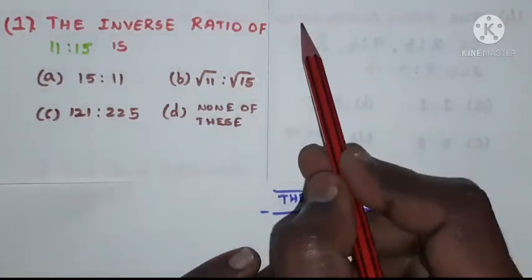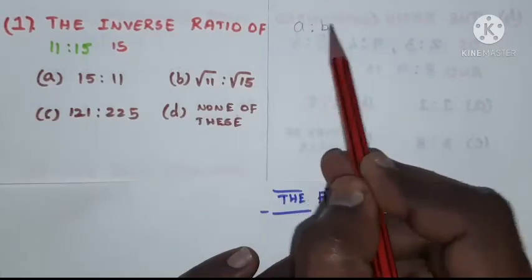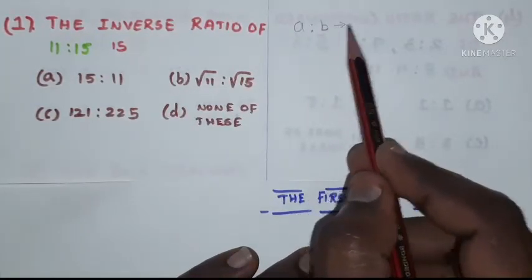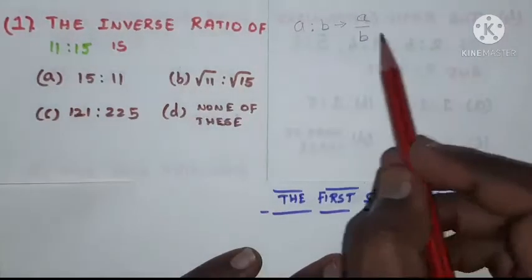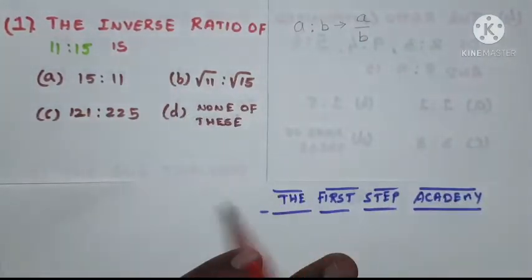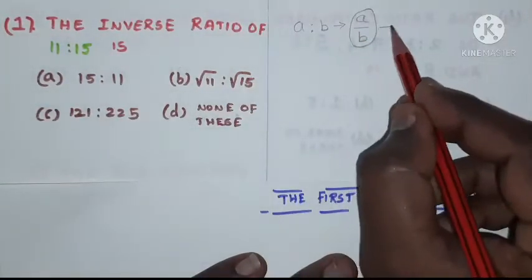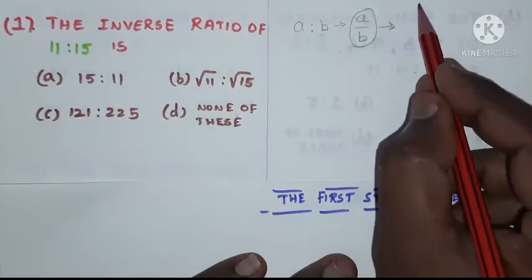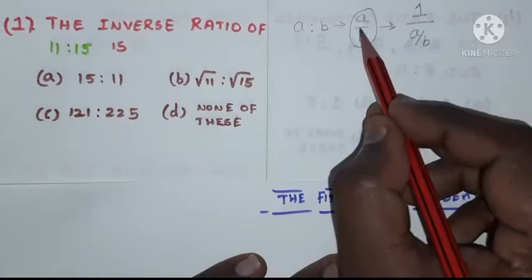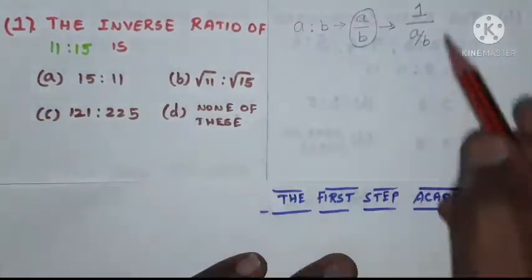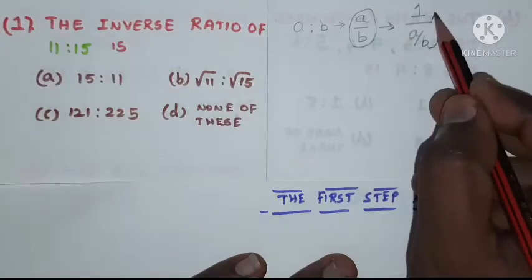So we know that a ratio can be represented in the form A is to B. Also we can write it in another form, A by B. Am I right? Fine. So inverse in the sense reciprocal. The reciprocal of A by B can be represented by 1 divided by A by B. Now look at A divided by B here: the denominator B will come to the numerator.